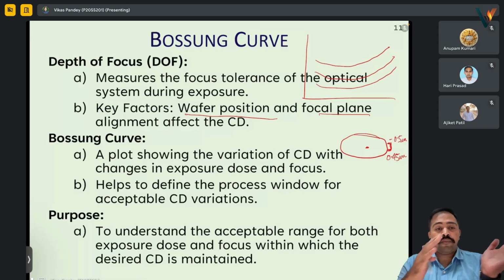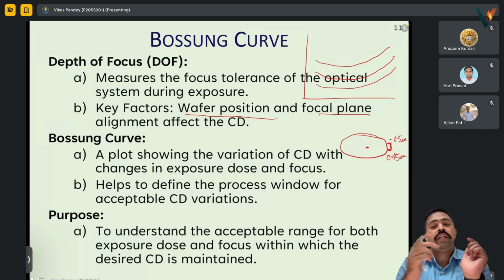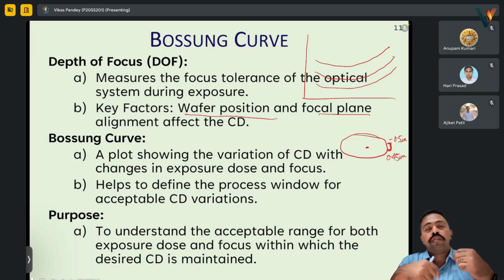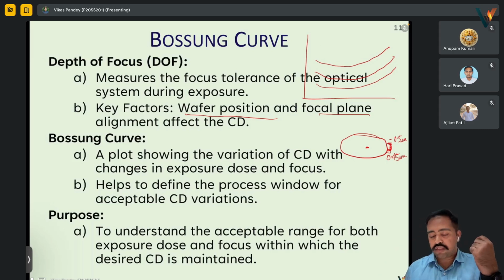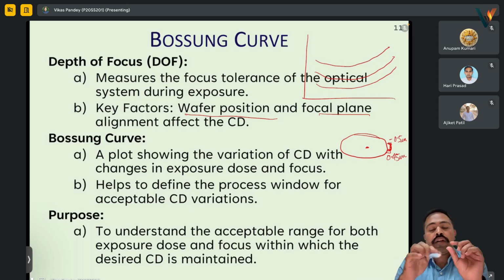This Bossung curve shows the relation of variation of the critical dimension, that is what dimensions will be imaged on the photoresist, with respect to changes in exposure dose as well as focus. We talked about depth of focus, that is the range which will still give the critical dimension: even if there is defocusing of this much distance, we will still get our perfect image.